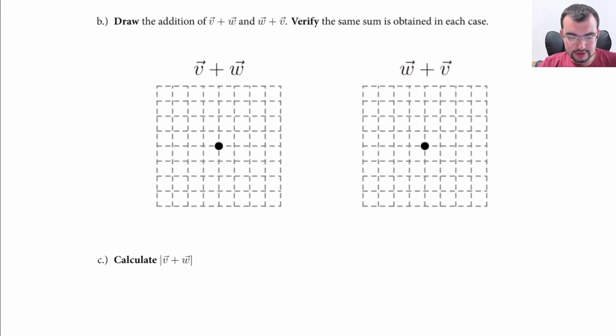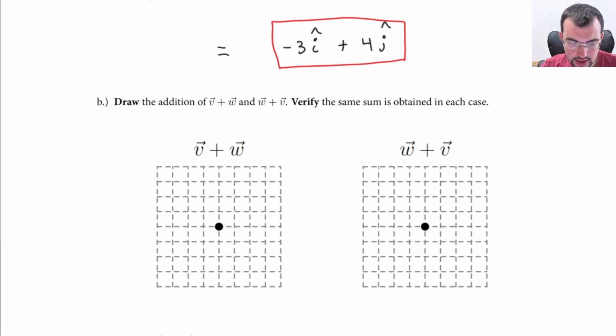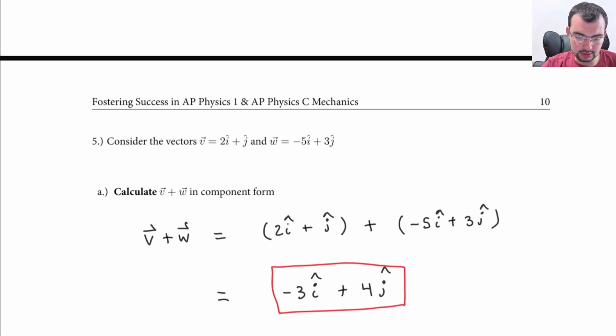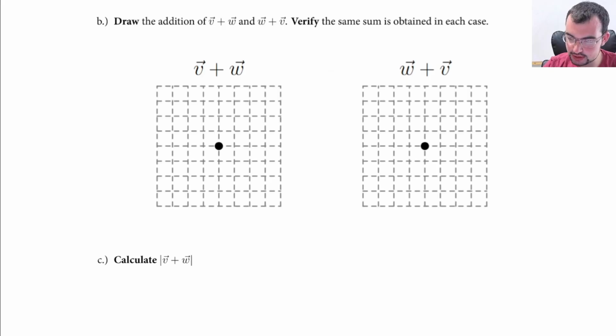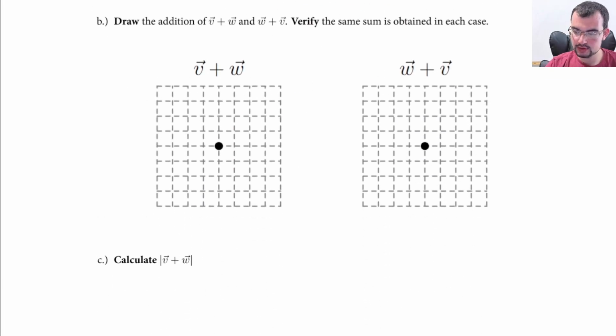All right, now we're going to draw the addition geometrically and verify it doesn't really matter what order we do them. So v plus w, v is 2i plus j. So I go 2, then 1. That would be doing v.